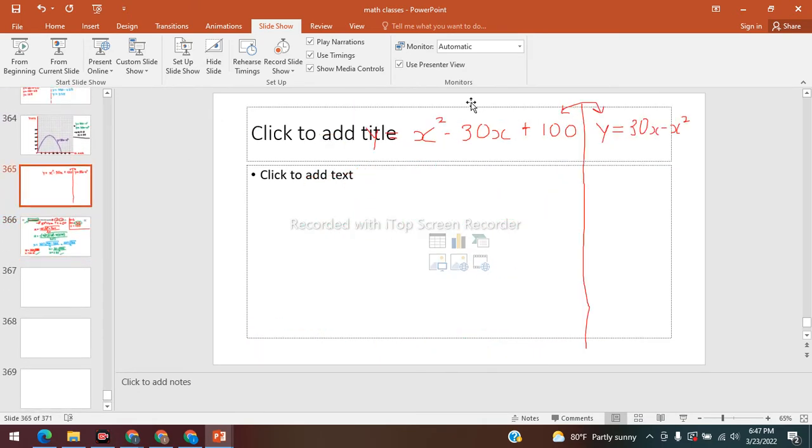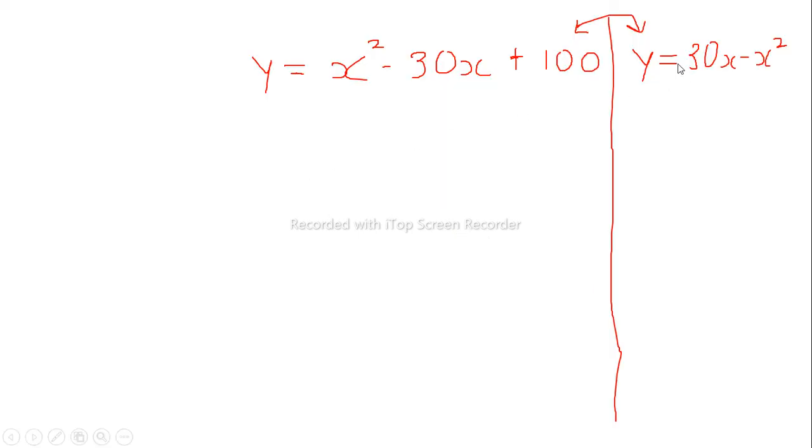They seem similar, so there has to be some sort of correlation, at least in my mind. So this is the graph that we have, y equals 30x minus x squared. We're trying to make it look like this somehow.